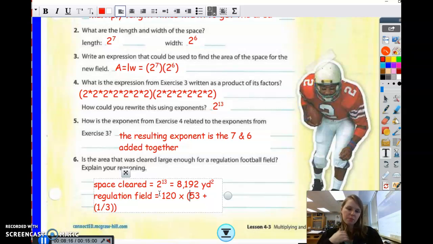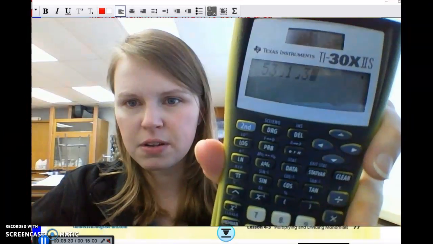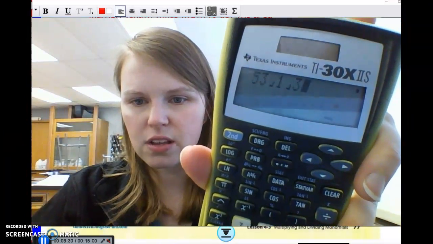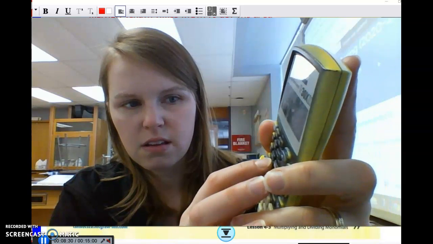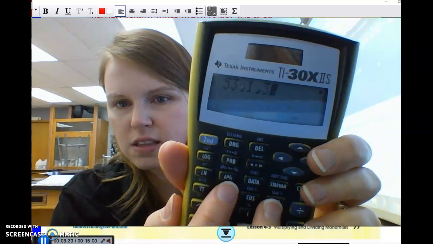So what I'm going to do to plug this into my calculator, I'm going to do 53, fraction, 1/3. Okay, so let me blow this up here so you can see this. I use this button each time.